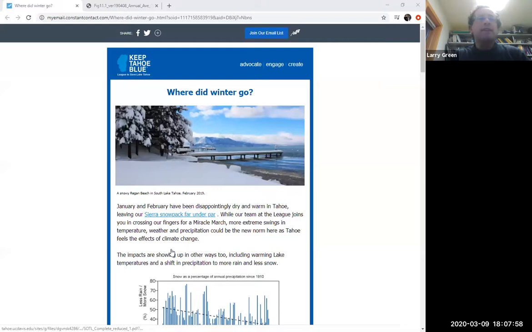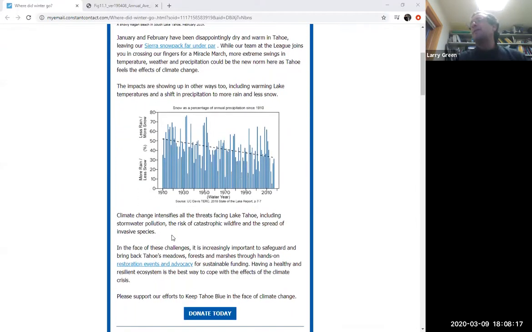So if you want to study climate change, what you do is you look at the data. The first thing you do is you look at the chemistry, and they've already done that. And then you look at data and see if there's been any change. So what they came up with is a chart, and we're looking at snow as a percentage of annual precipitation since 1910.